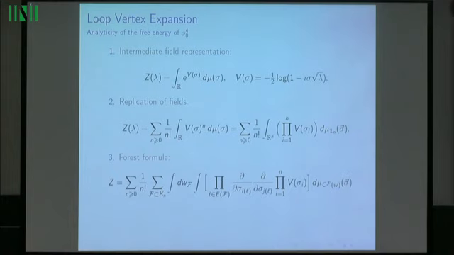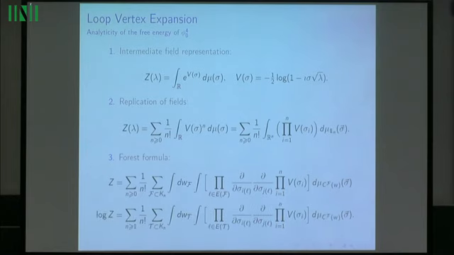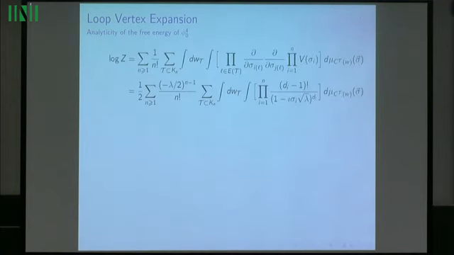One of the main benefits is that this formula allows me to compute the log very easily, because it's essentially the same formula, but where I replace F by T everywhere. Instead of summing over forests, now I sum over connected components of forests, so they are trees. So I have an analytical formula I can work with to prove analyticity of log Z. And once you're here, essentially you're done. The first line is just a copy of the previous one.